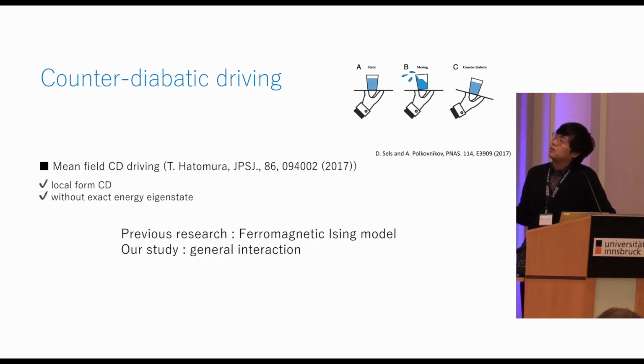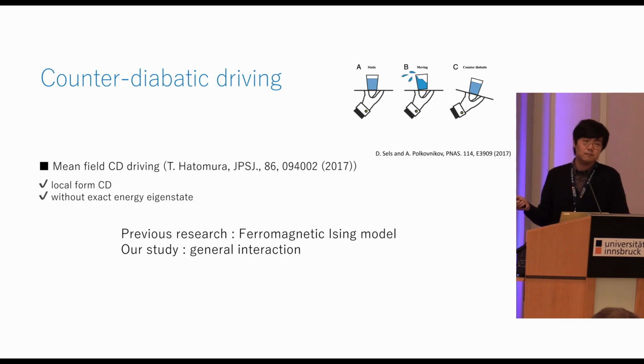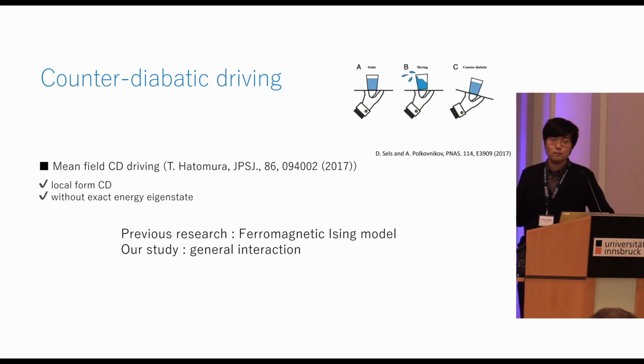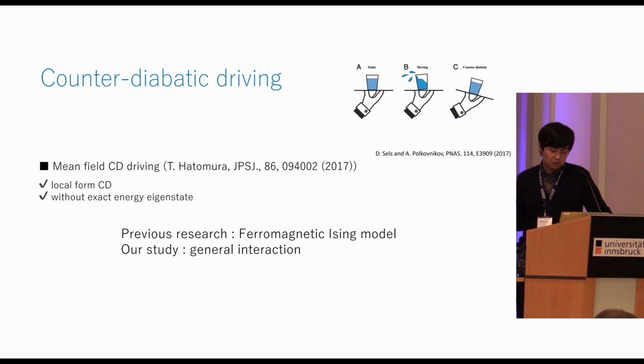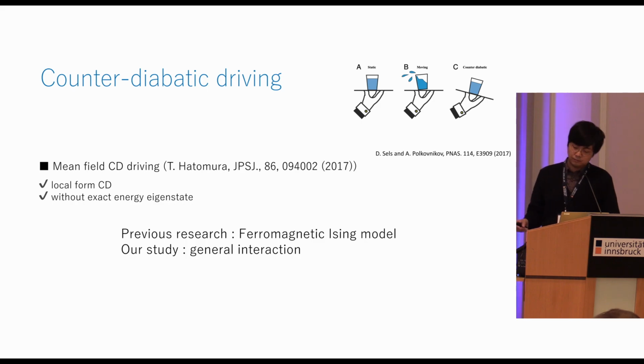More interesting and practical problems arise when the interaction is non-uniform or antiferromagnetic, namely, frustration and disorder play a crucial role. And it is unclear whether the mean field approximation can be applied to such general interactions. So in our study, we investigate the construction of more general mean field counter-diabatic terms.